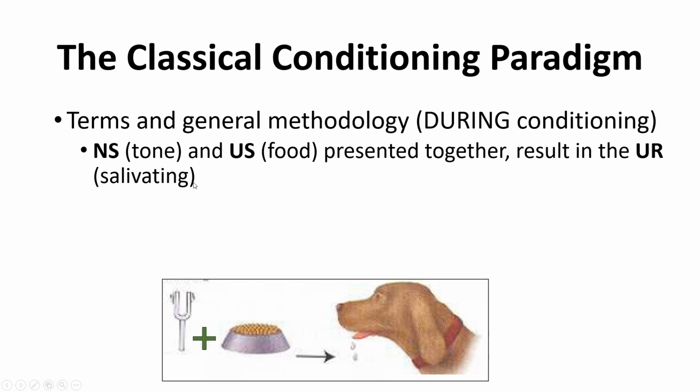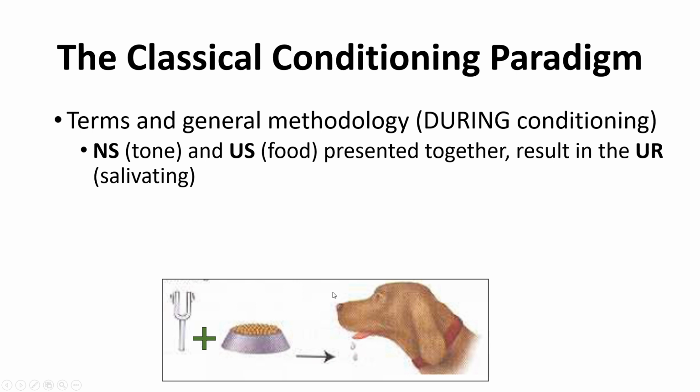Now, at the very beginning, the salivation is pretty much just going to be in response to that unconditioned stimulus. Up front, they don't know anything about the neutral stimulus. It starts off neutral where it has no meaning. And so the salivation at the beginning is an unconditioned response to that unconditioned stimulus. So that's at the bottom here. You have your tone and food, and the dog drools.